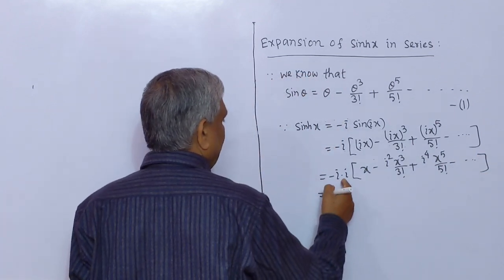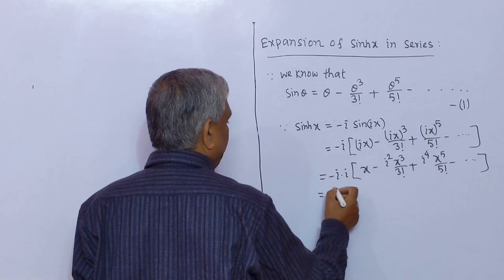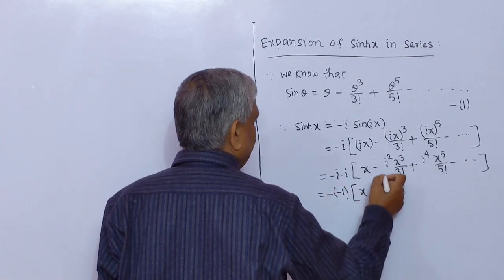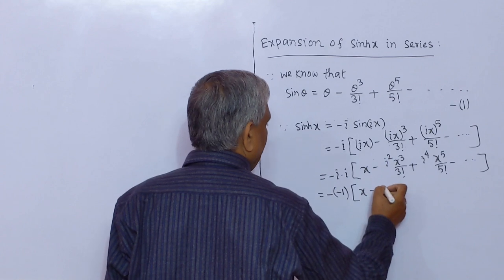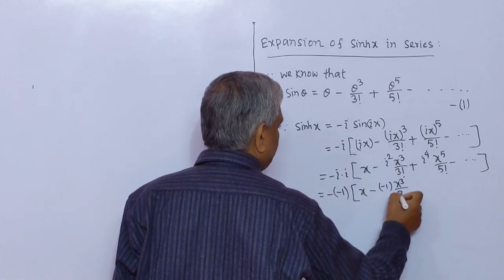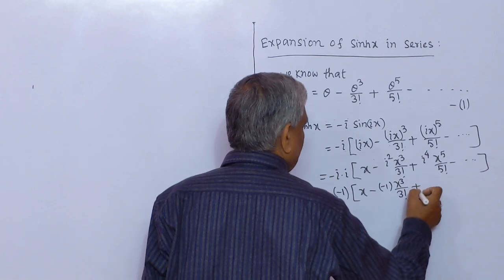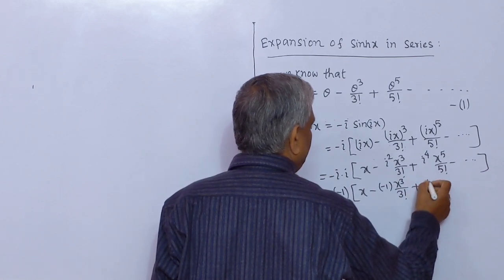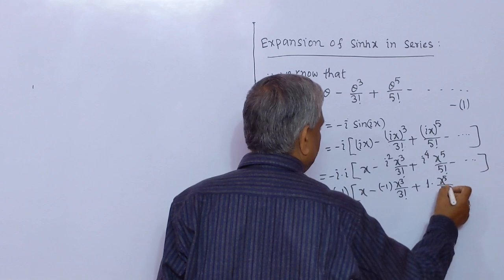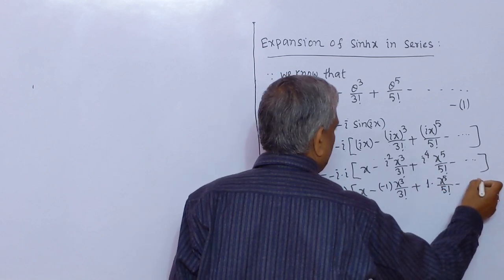Here minus i square means minus 1, and i to the power 4 is 1.